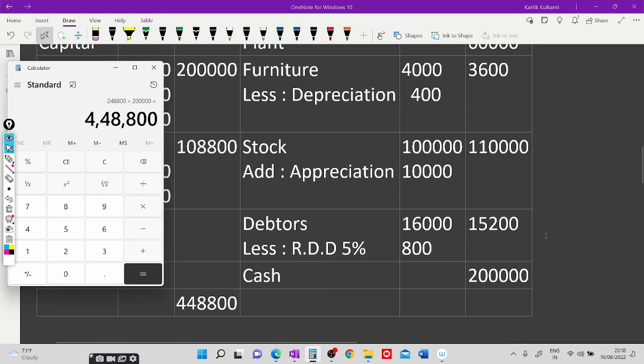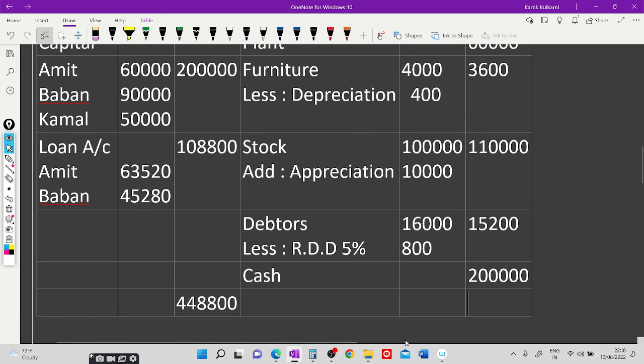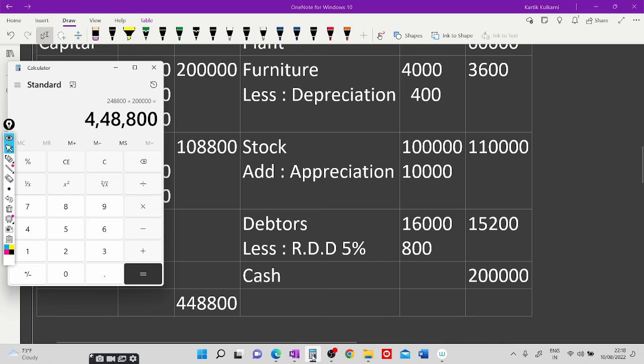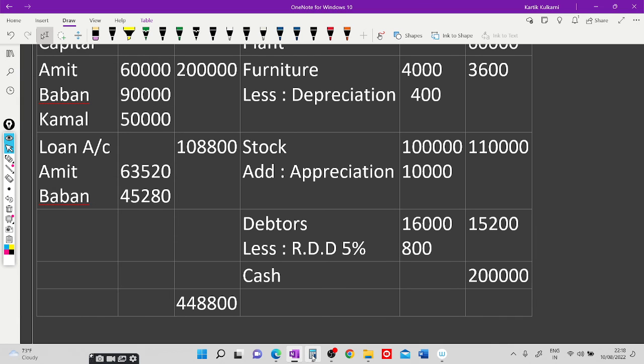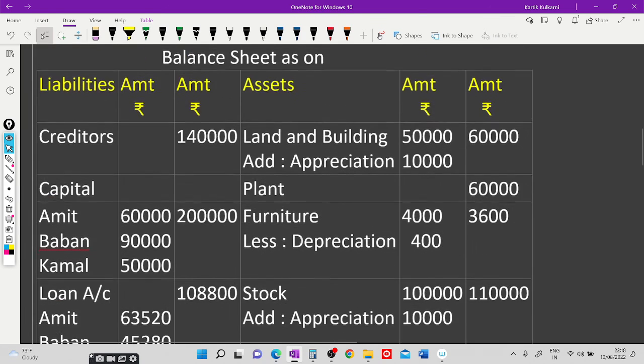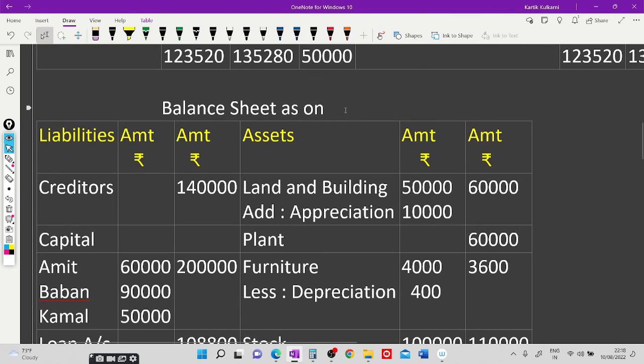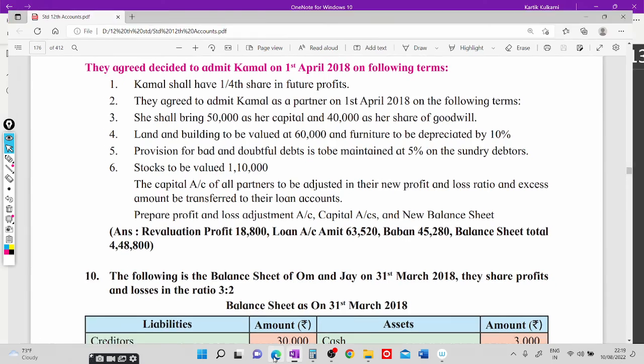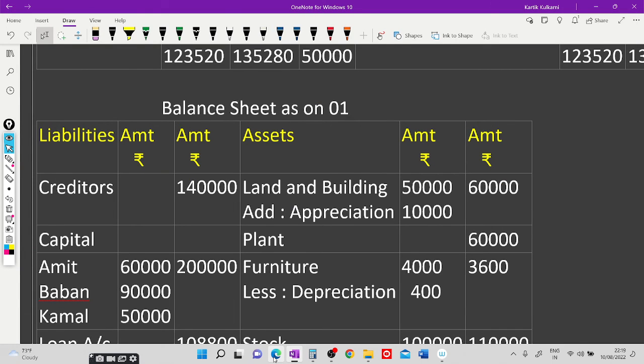It is 4,48,800. See here, 4,48,800. The assets and the liabilities of the balance sheet tally. We have prepared the balance sheet. Here we have to write the date on which the partner is admitted, that is 1st April 2018.